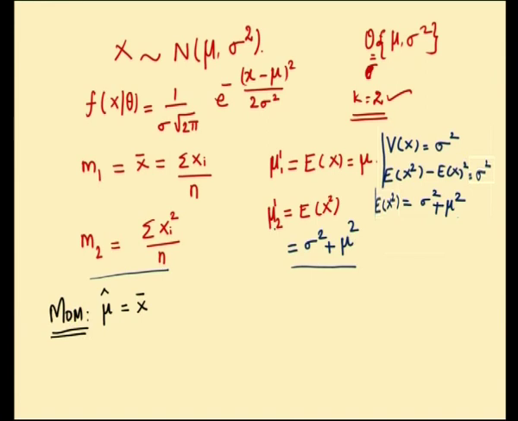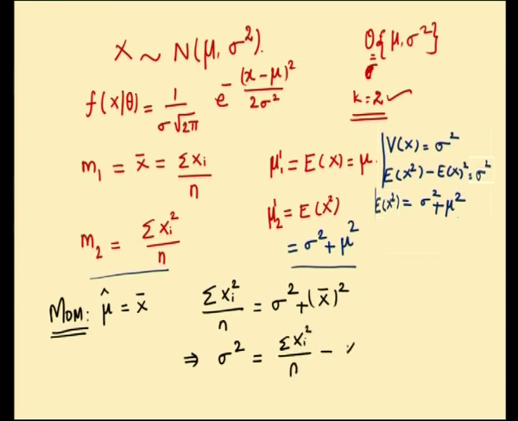Let us take the other case again. These two have to be compared. So, sigma xi square by n will be equal to sigma square plus mu square, that is mu hat square or x bar square. This is going to give sigma square equal to, still I write the same form sigma square, though we are trying to estimate it, sigma xi square by n minus x bar the square.